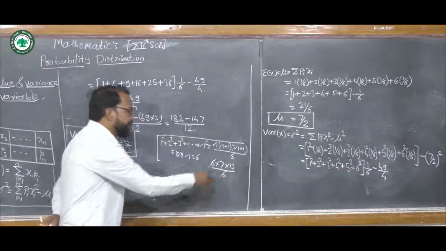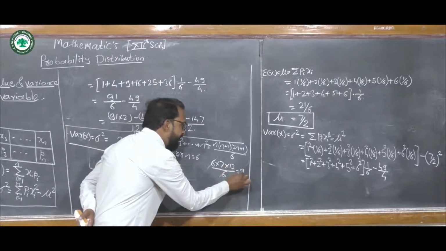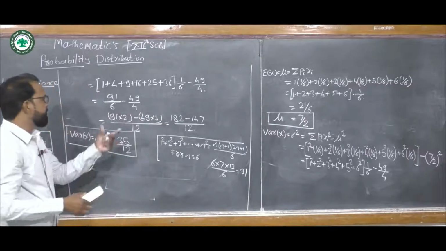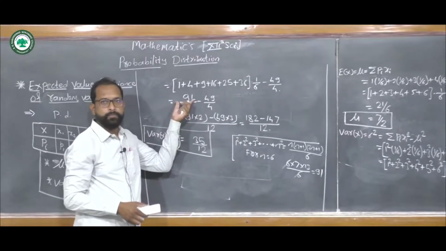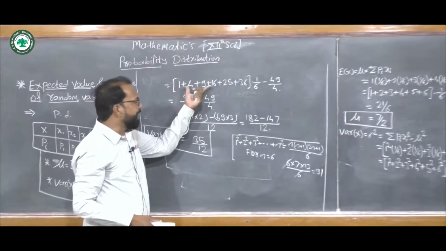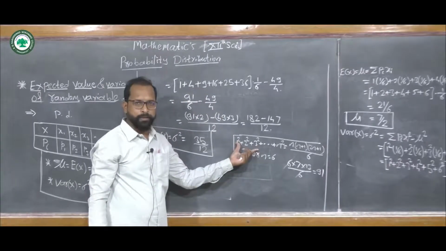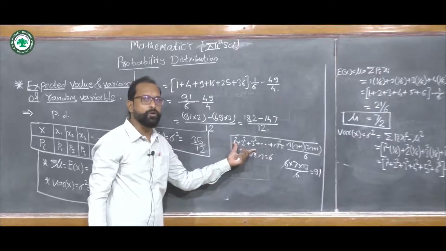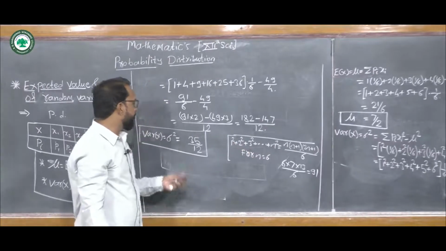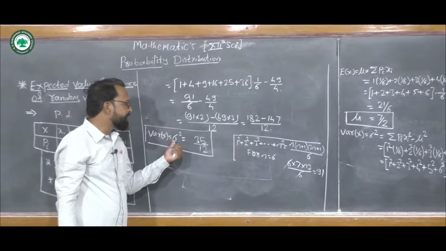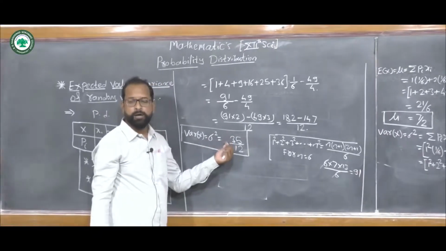And finally, 7 into 13, that is 91. This sum 91 appears here. So you can take this addition directly, or you can use the method of induction or standard formulas. So here we finally get the variance sigma square equals to 35 upon 12.